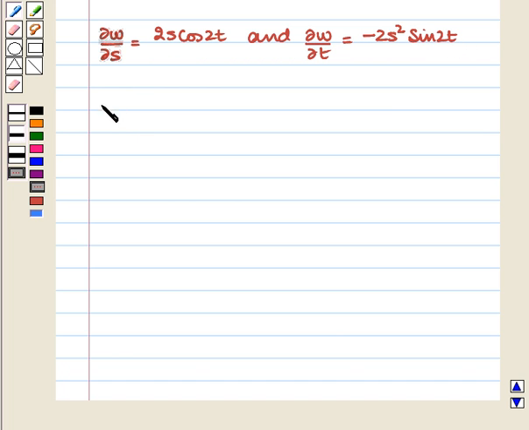We have to evaluate them at the point s is equal to 3 and t equal to pi by 4.